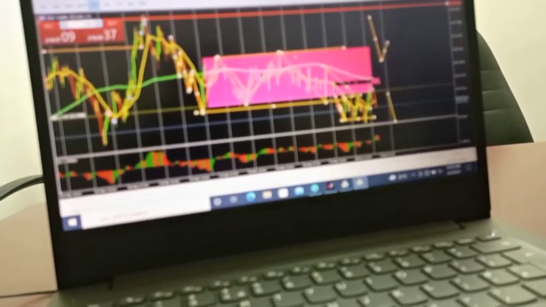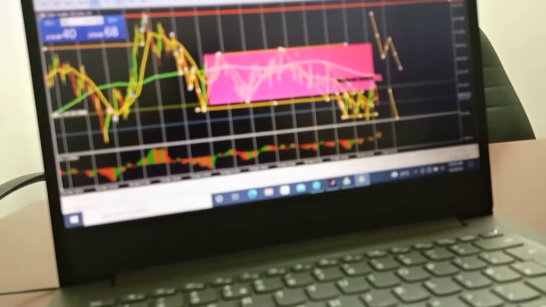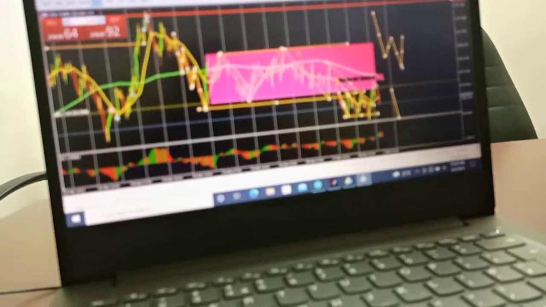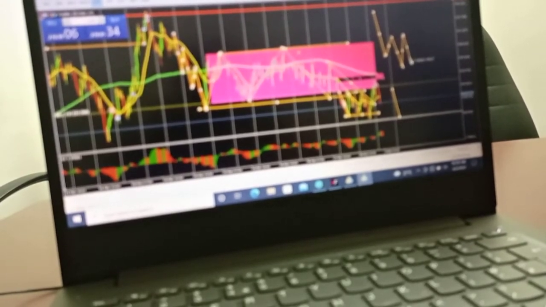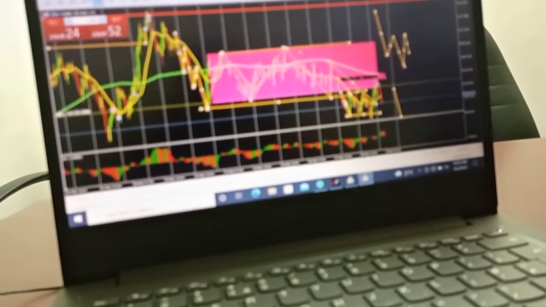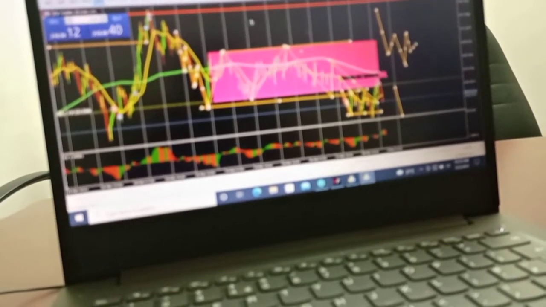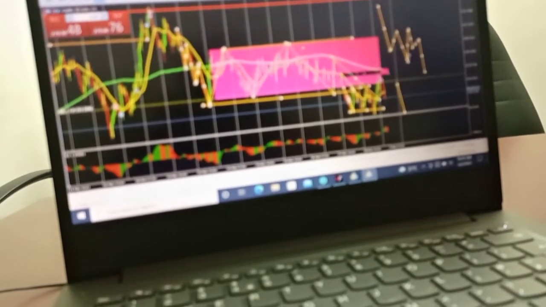Maybe it comes down again at that area, and then the market comes and makes a double top there, and then goes down to maybe that area.